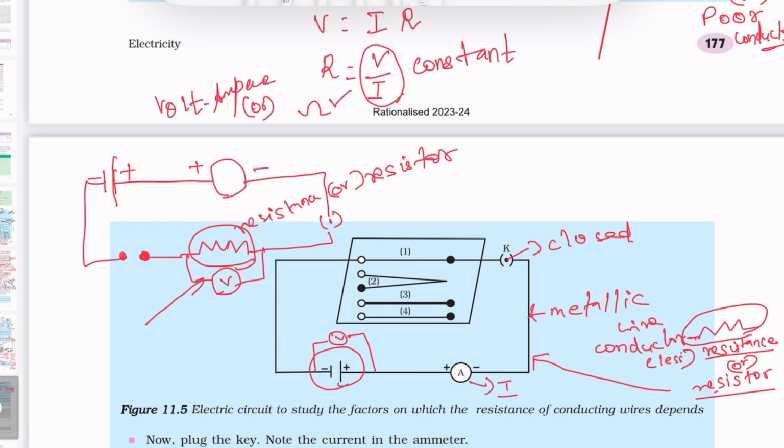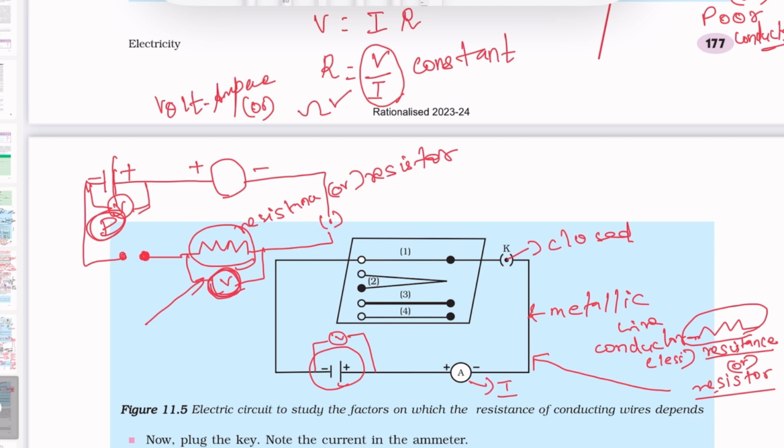So across the resistance coil or the resistor, you can connect a voltmeter and find the voltage difference. Even here I can connect a voltmeter and find the potential difference. Here also I will connect the voltmeter and find the potential difference.